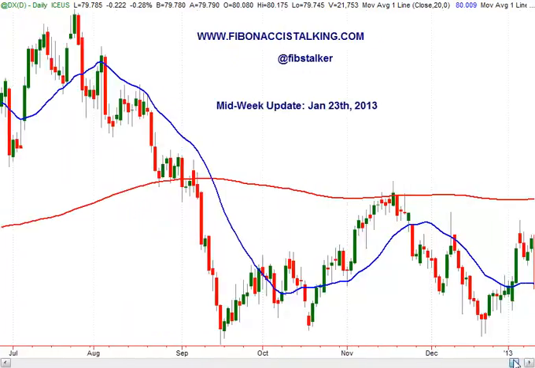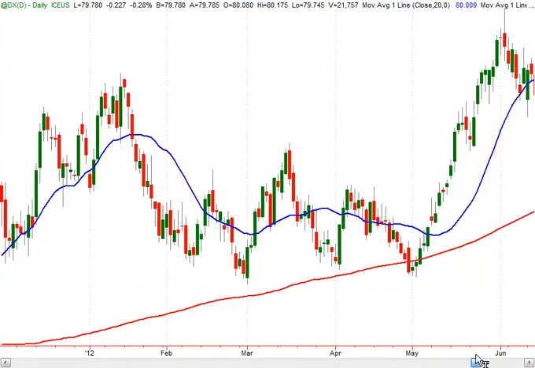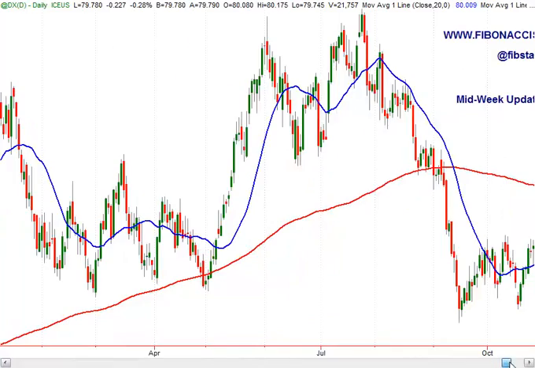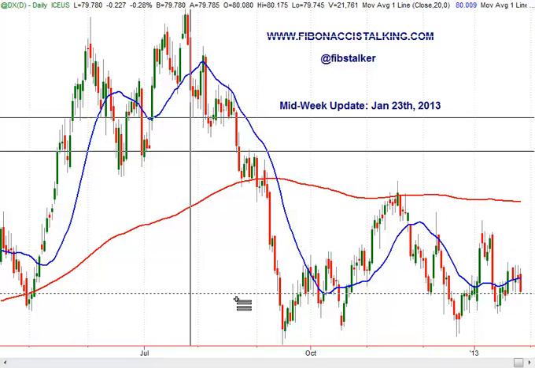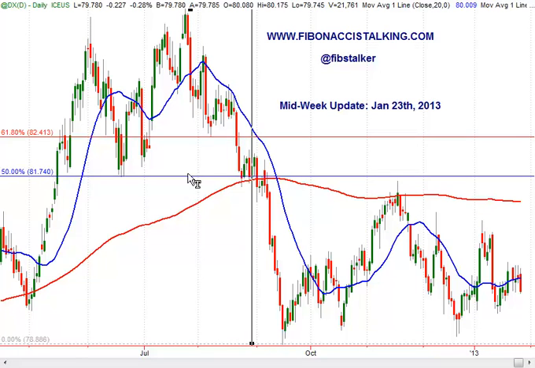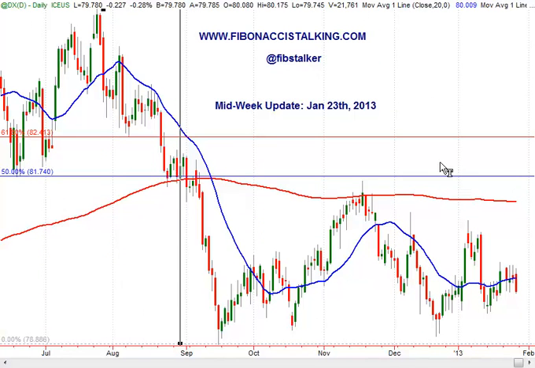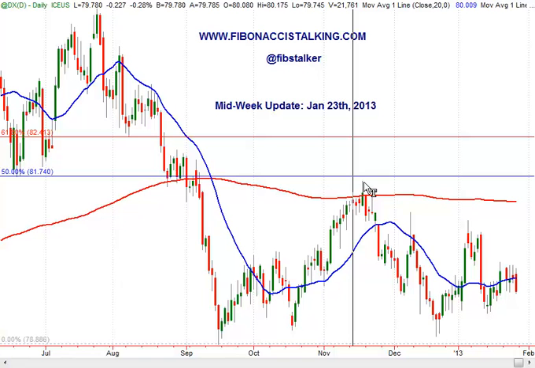So let's start from the dollar. What you see on the screen is the daily chart, and as you know, we have this resistance level in the 81.70 area, and we have been watching this area of resistance.